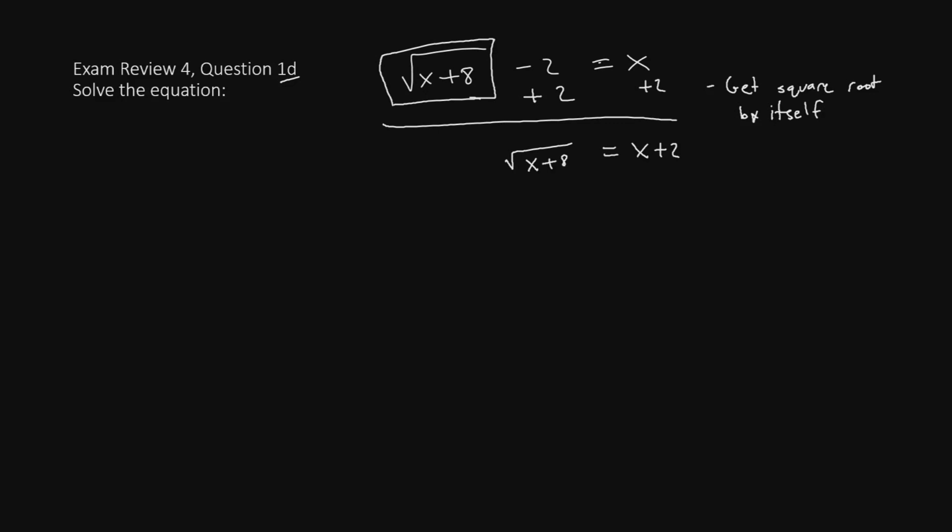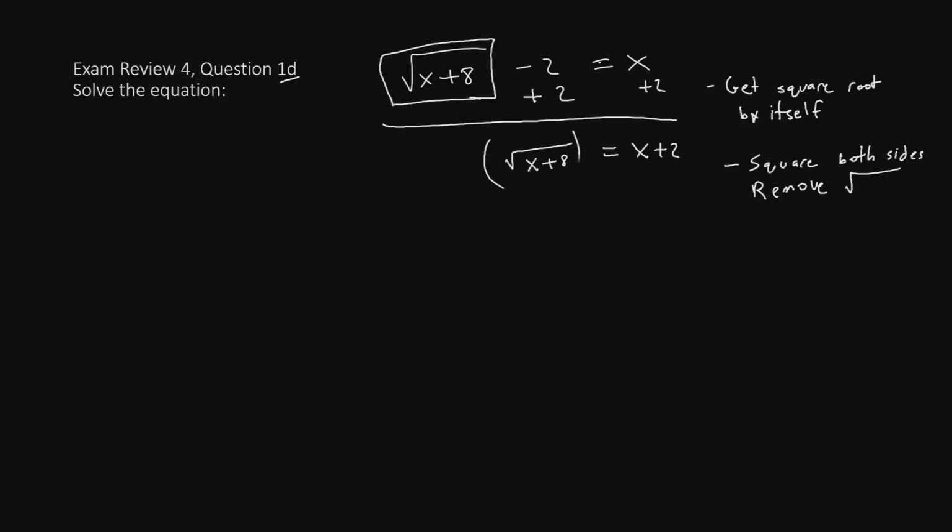Now, in order to clear the square root and try to get the x out of the square root, we can square both sides. So here's how you'll write that.